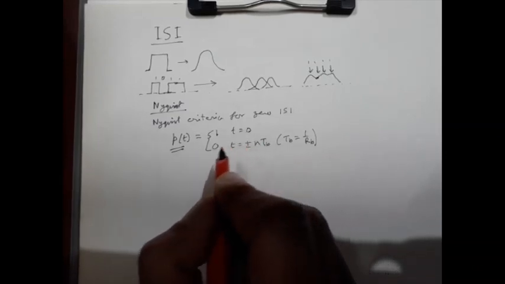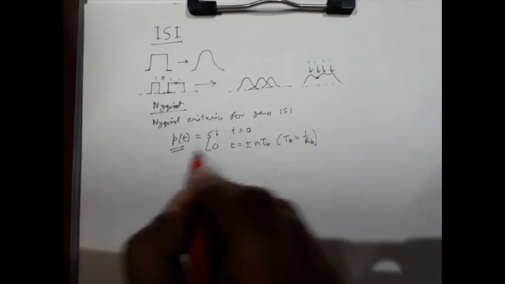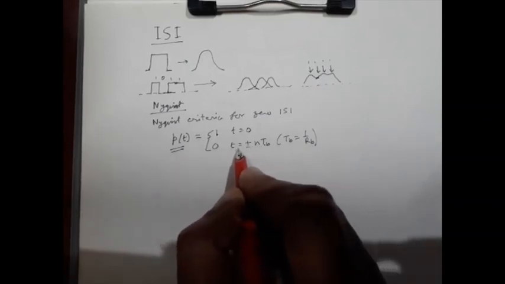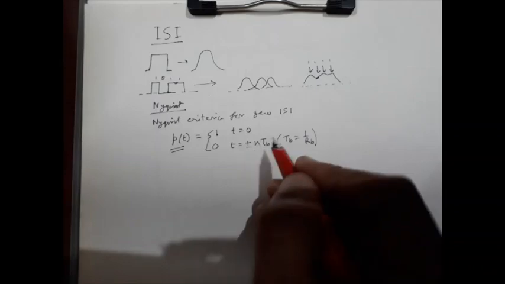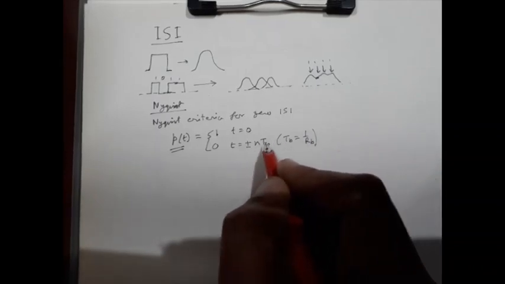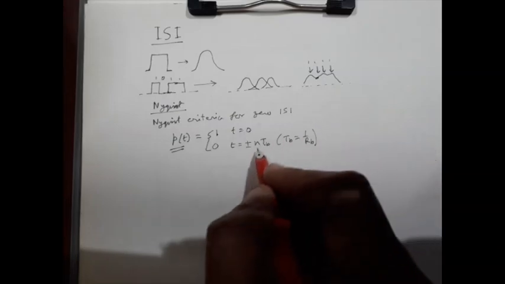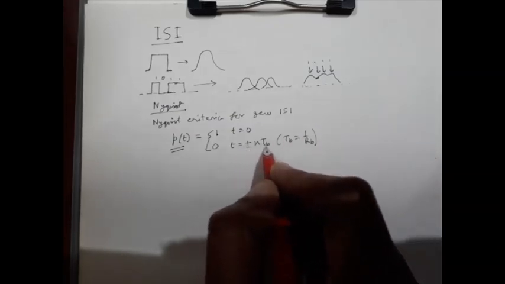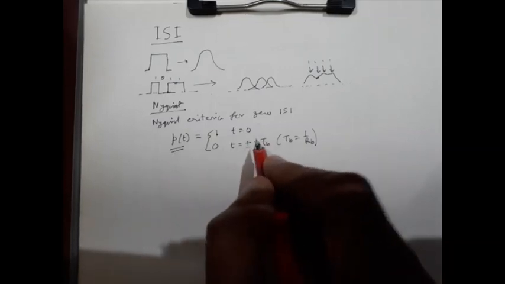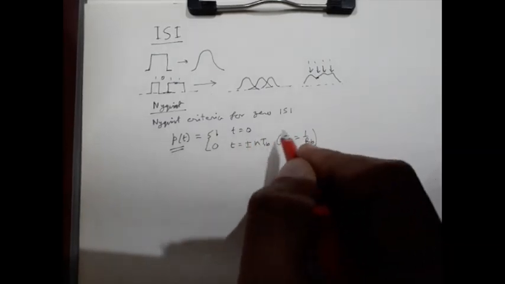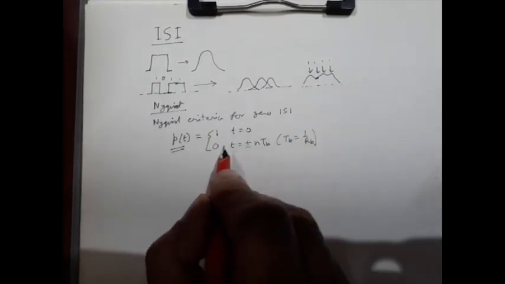In other times, like if t is not equal to nTb, some other time, say n by 2 Tb or n into 2.2 Tb, something like that. So under those conditions, whatever may be the shape of the pulse, whatever the ISI may be there or may not be there, we are not bothered.